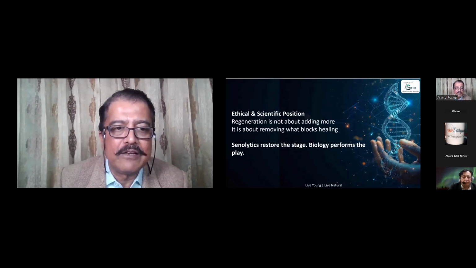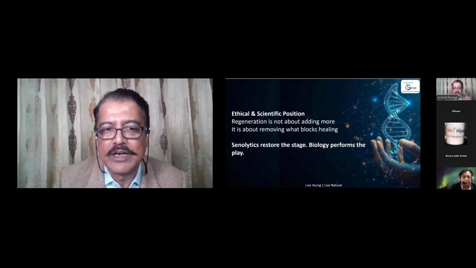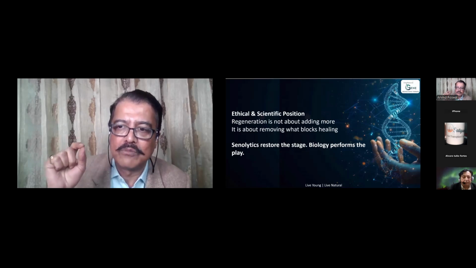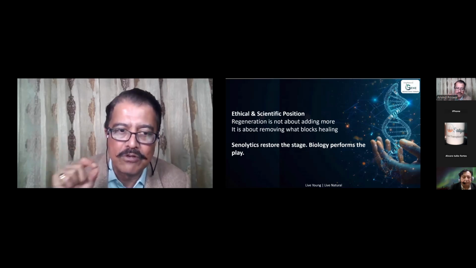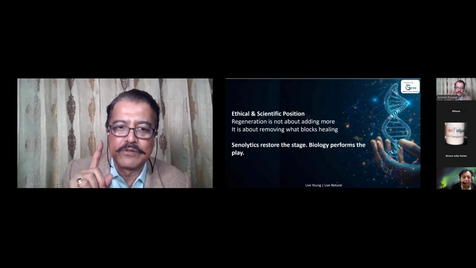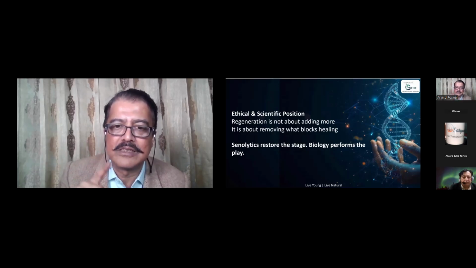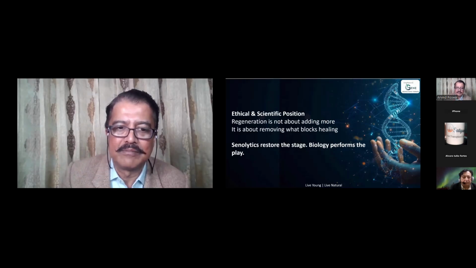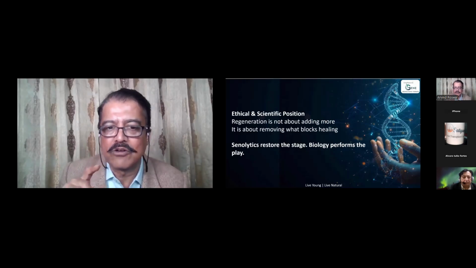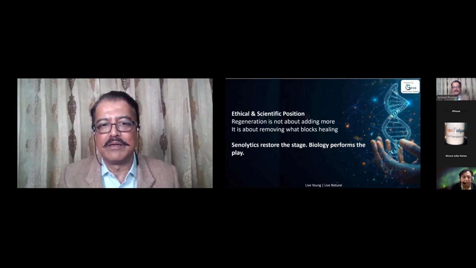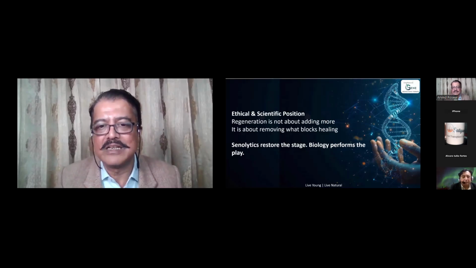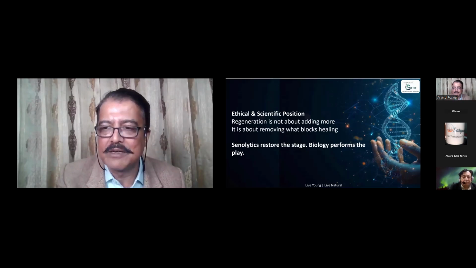So, the ethical and scientific position, which I would like to say, is that regeneration is not about adding more and more chemicals or molecules alone. It is primarily about first removing those things that are blocking the healing. Here, senolytics are important. They restore the stage. After that, biology performs the play.